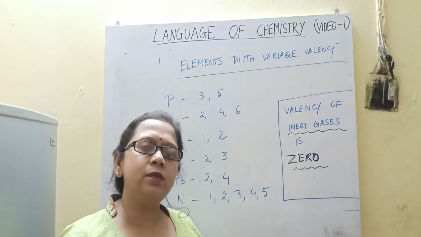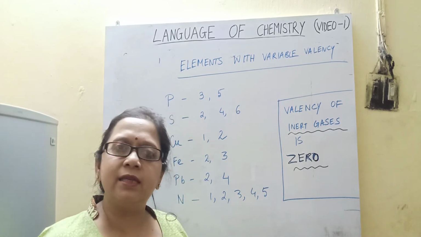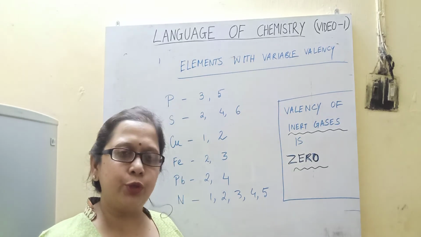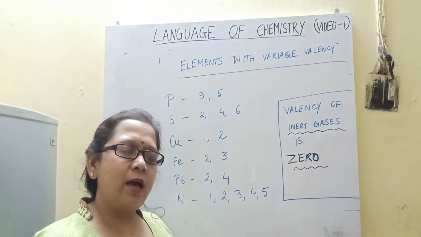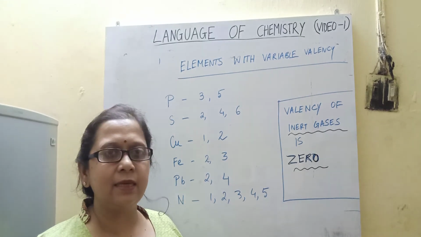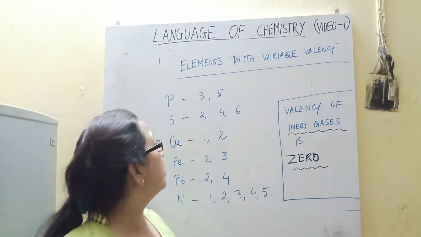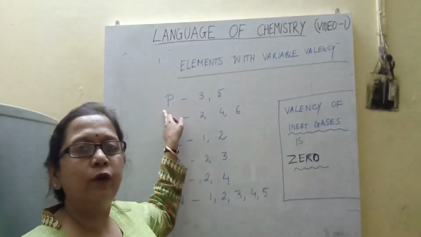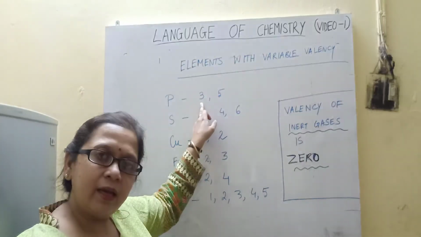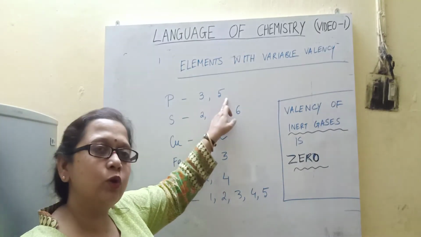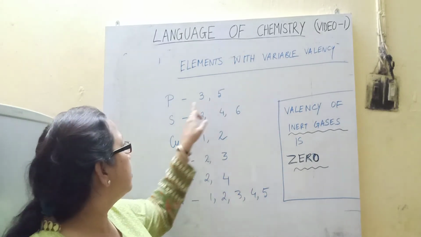Now students, apart from the valency that I just told you, some elements have more than one valency. Those elements are said to have variable valency. Like I just told you, phosphorus has valency 3. Other than that, it also has valency 5.